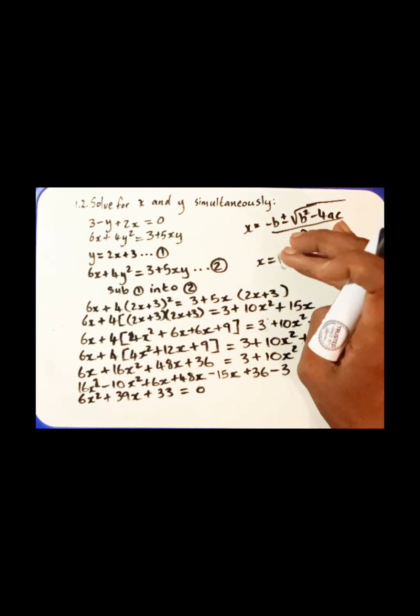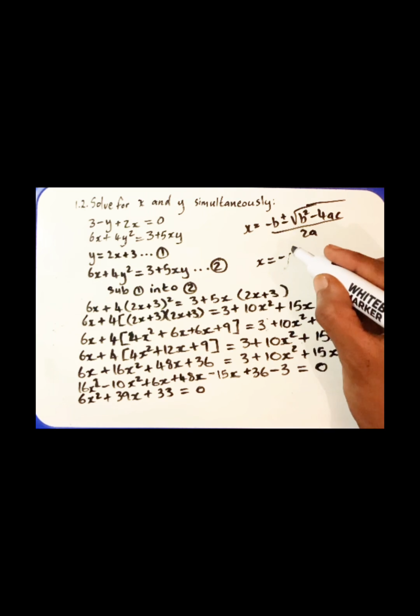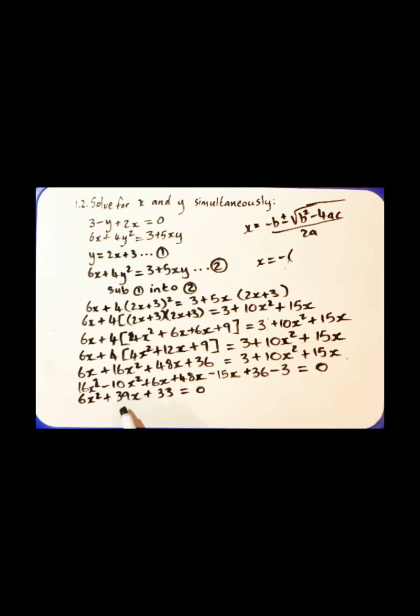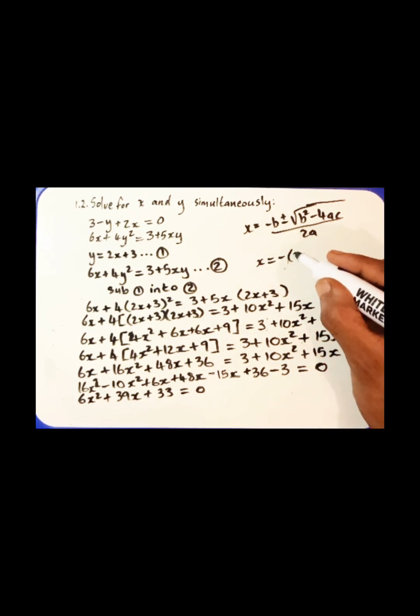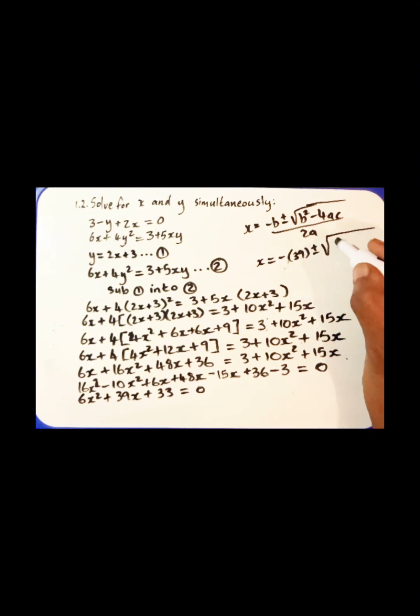So b is 39. So we have 39 squared here minus 4. a is 6 and c is 33.